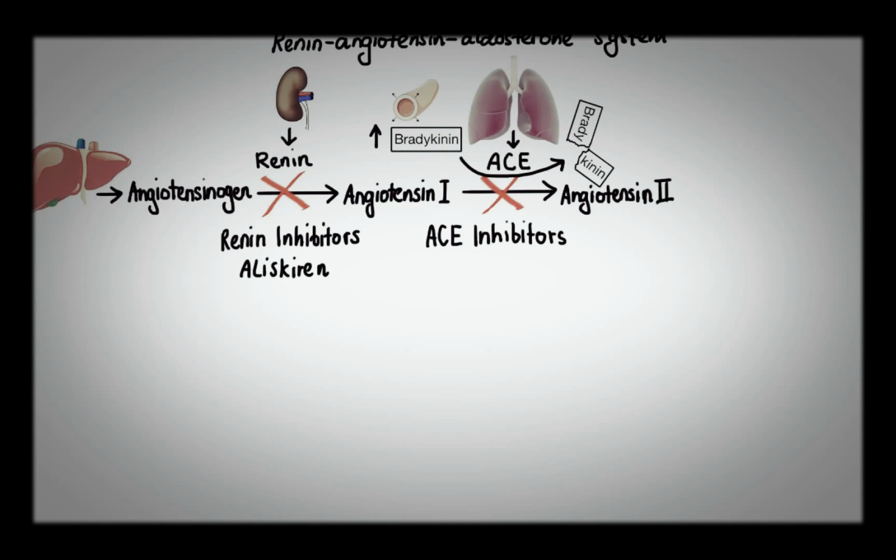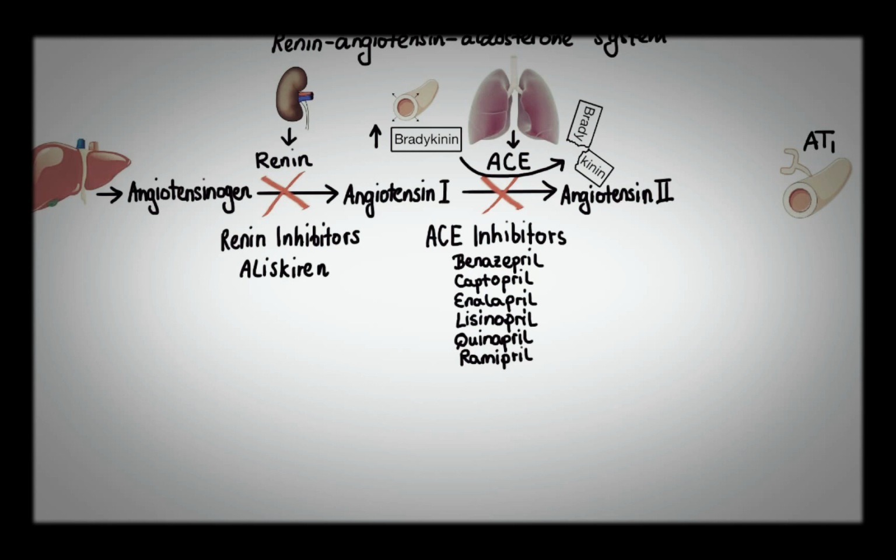The example of drugs that belong to this class are benazepril, captopril, enalapril, lisinopril, quinapril, and ramipril. Finally, we have angiotensin II receptors type 1, or AT1 receptors for short.